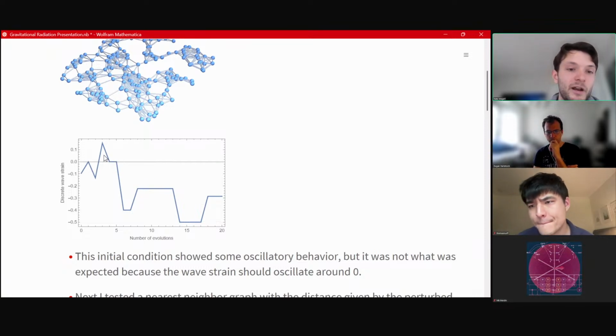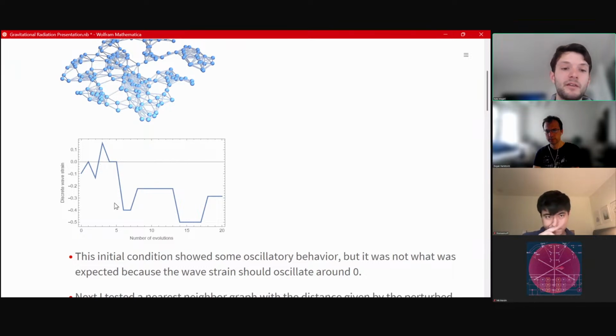And here, when I evolved the system, I did get some oscillatory behavior, but the wave strain wasn't oscillating around 0. And I wasn't sure if this was just because of the order of the replacement that I was doing.